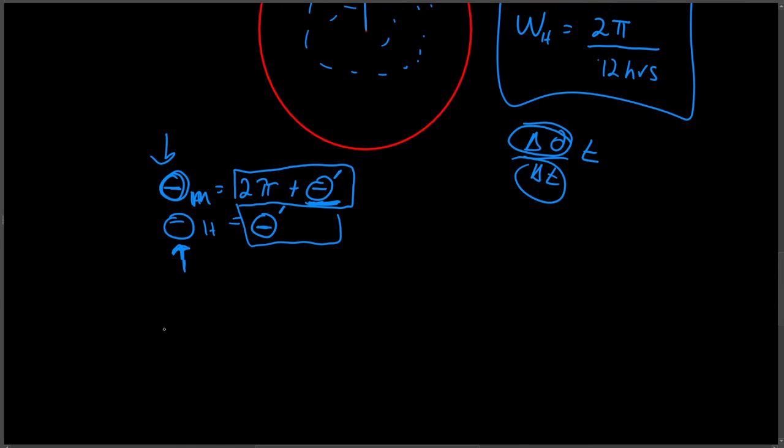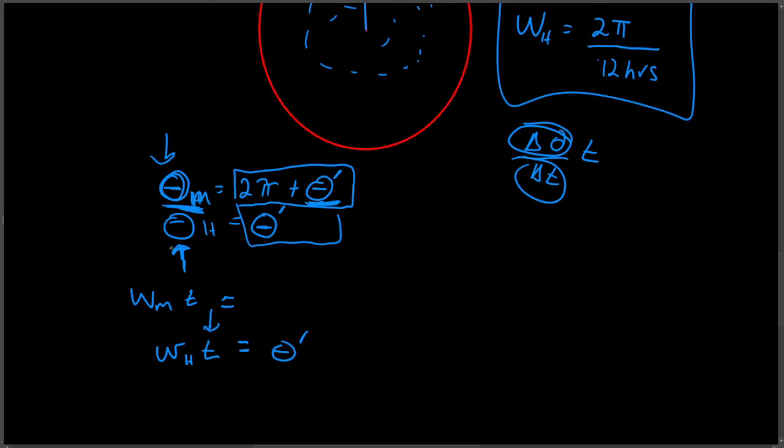And so we look at the angular velocity of the hour hand times the time, which is the thing we don't know, is going to equal theta prime. And the angular velocity of the minute hand times the time, which is the thing we don't know, is going to equal theta minute.